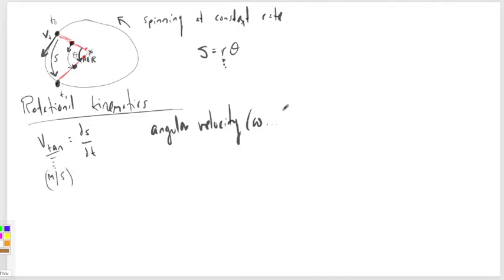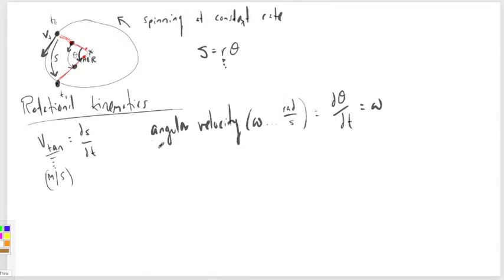Angular velocity is given in radians per second because it is defined thusly: the time derivative of the angle that's being swept out. So as this record is spinning at a constant rate, this imaginary line I've drawn from my axis of rotation is sweeping out some angle theta in some time interval. d theta dt would then give me angular velocity. So d theta dt is equal to omega, angular velocity.